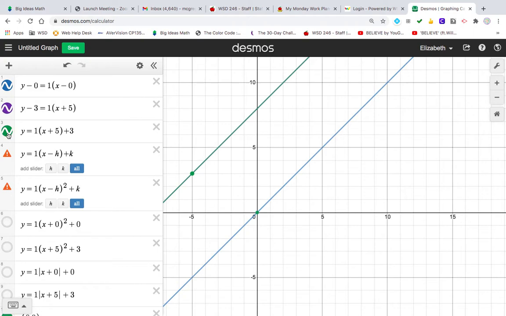The way that we talk about this particular equation in this different way is instead of saying that this is my x1 and this is my y1, I call it h and k. Instead of saying x1 and y1, we're going to say h and k, because we're going to use h and k for all these other functions that we're going to start drawing in this class.